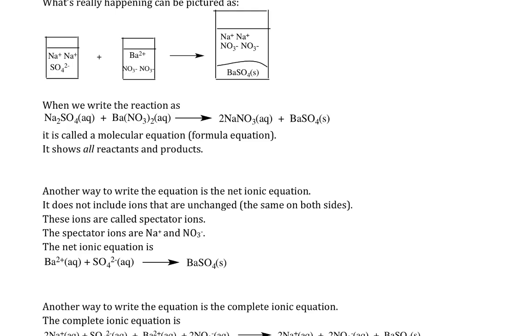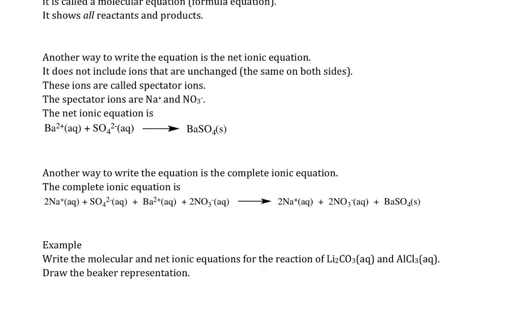So our net ionic equation is Ba2+ aqueous plus SO4 2- aqueous yielding BaSO4 solid. Another way to write the equation is the complete ionic equation, where we've just separated everything that is separated. It takes a lot more writing. We tend to show either the molecular, the formula equation, or the net ionic.